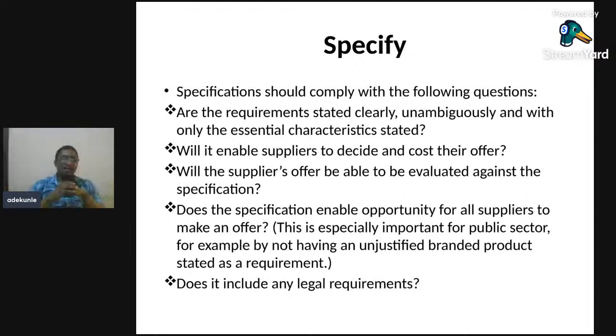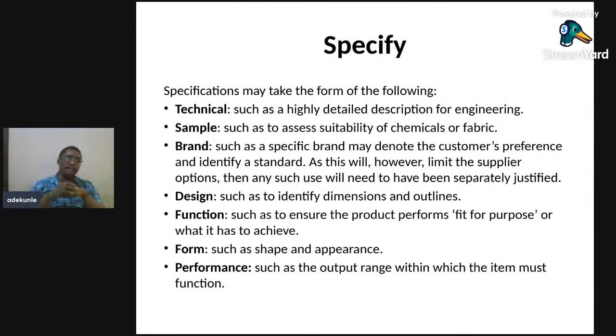I want us to understand that when it comes to specification, there are different forms a specification may take. We have what we call technical specification, sample specification, design specification, function specification, form specification, and performance specification. All these are examples of specification that you can have in any industry.